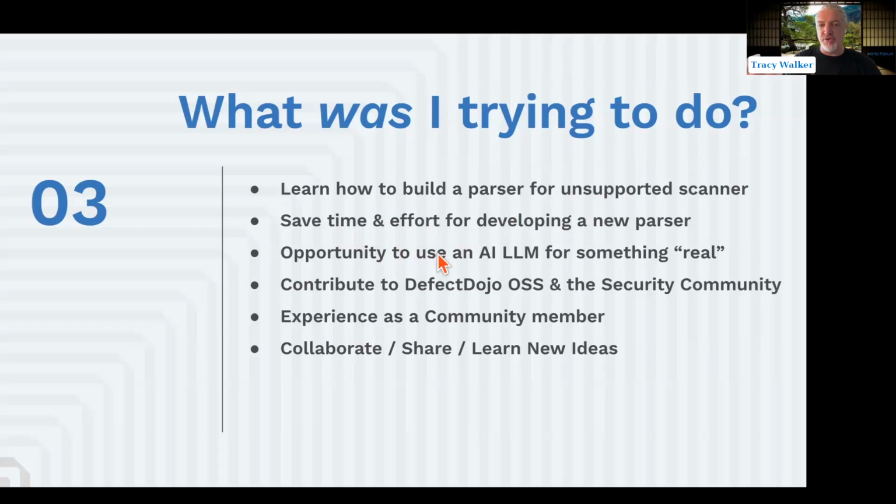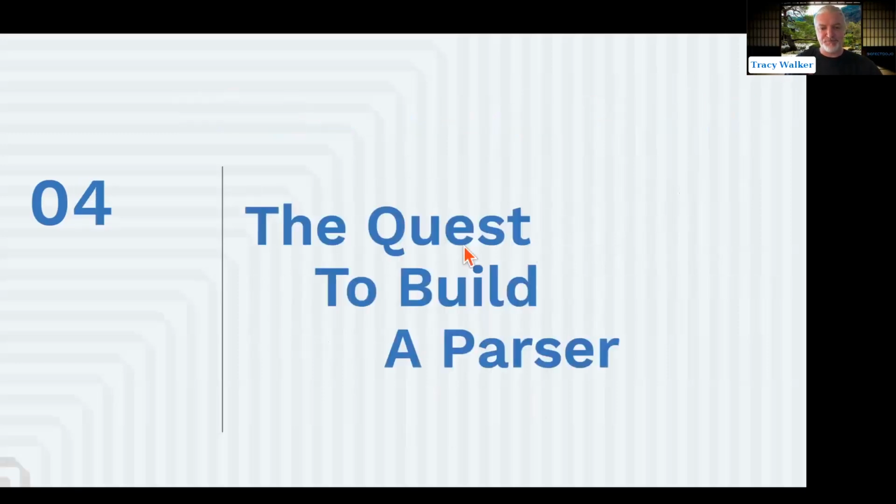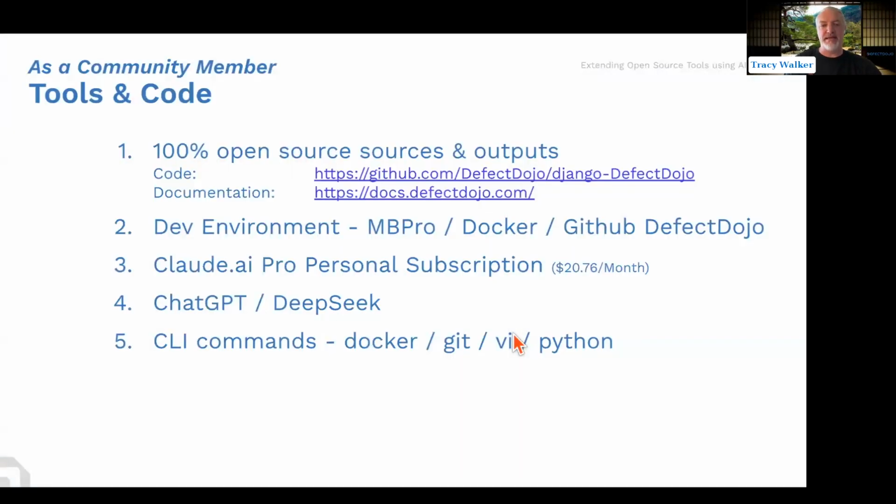I saw it as a way to use AI for something real, other than my daughter's book report. It would also give me an opportunity to contribute to the DefectDojo community, become a member of that community, have that experience as a community member, and hopefully share and learn some new things. So let's talk about how you would even approach trying to build a parser in DefectDojo.